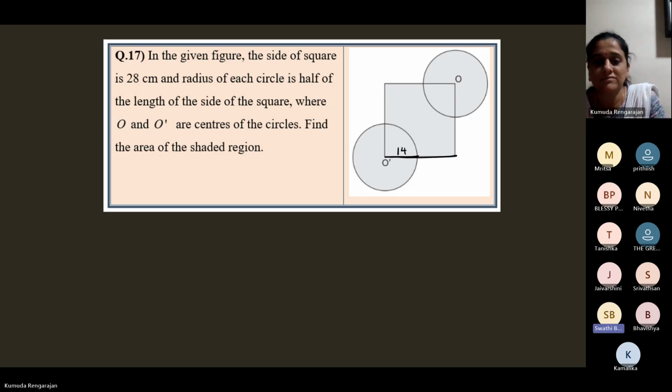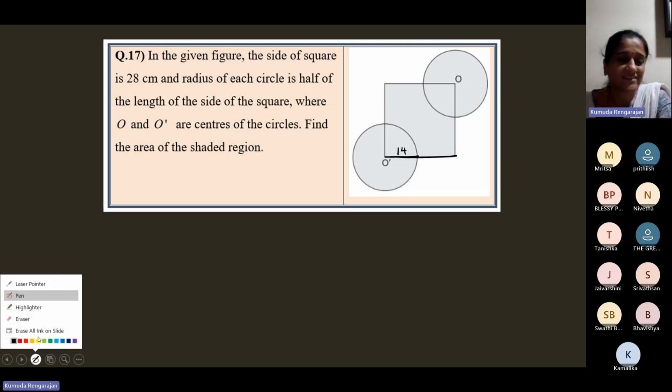Two times the area of 3/4 of the circle plus area of square. Correct. Thank you, Swati. Very good.